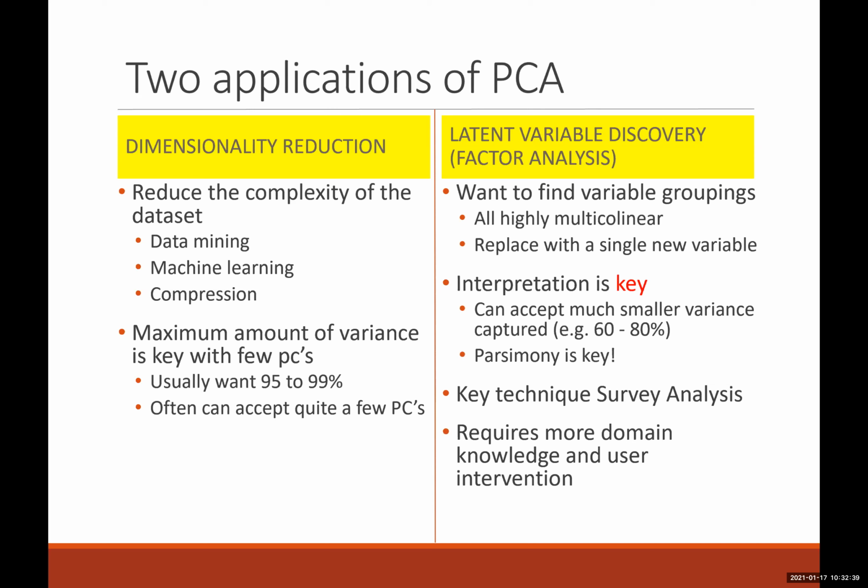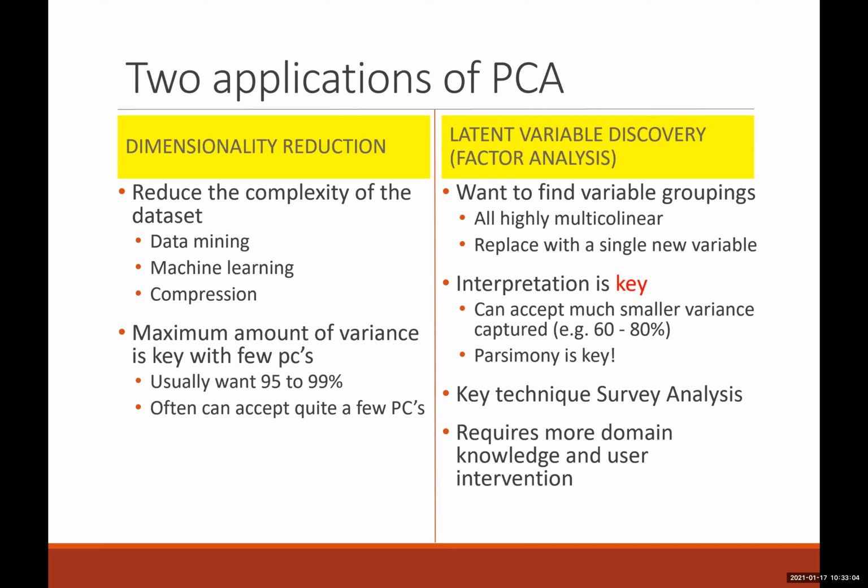So in dimensionality reduction, we don't need to rotate, as we'll learn later on, because we're not going for interpretation. Because we're reducing noise, and hopefully there's more shared variance than noise, we can keep a larger amount of variance in this situation, closer to 95 or 99%.